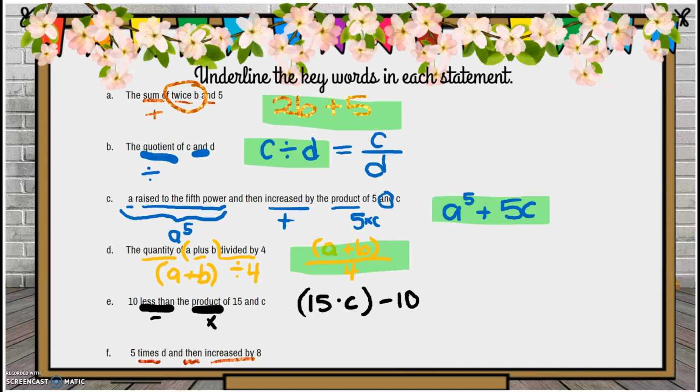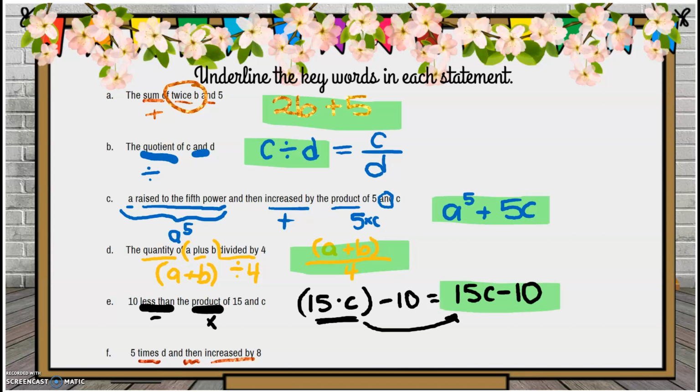Because 10 is going to be 10 less than 15 times C. I can rewrite that as just 15C minus 10. We know that when I have a coefficient and a variable multiply together, I can just write it without the symbols. So my answer was 15C minus 10.